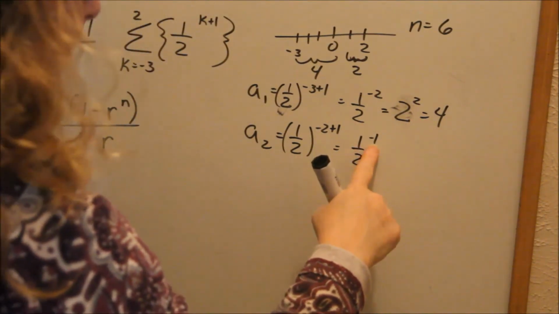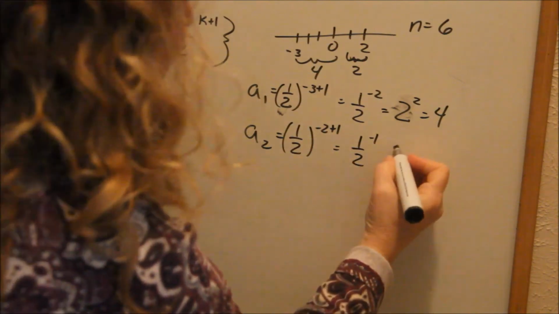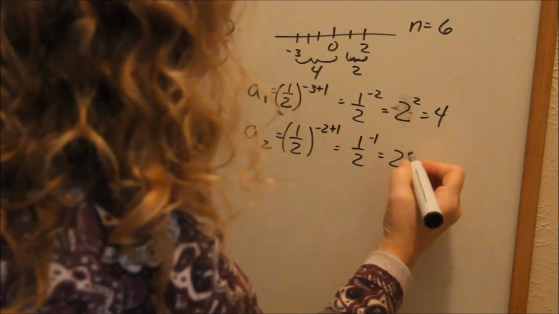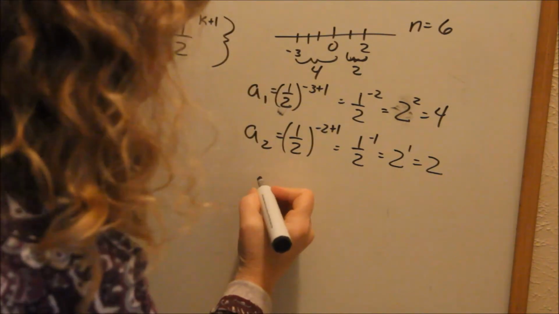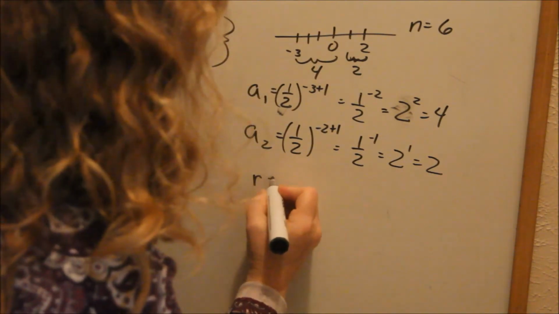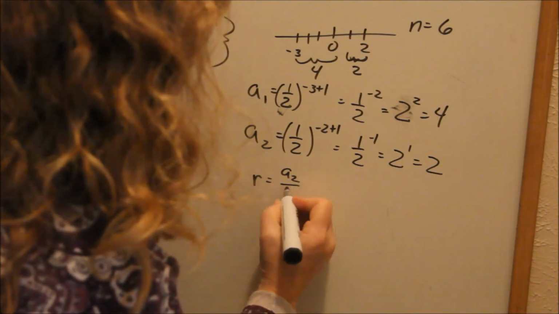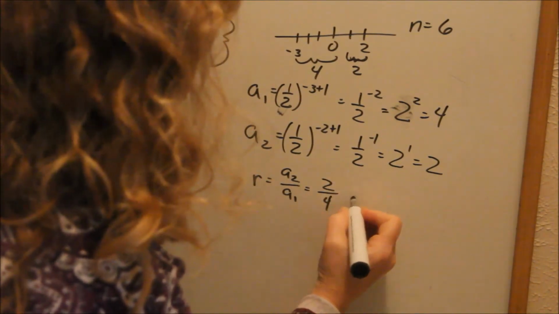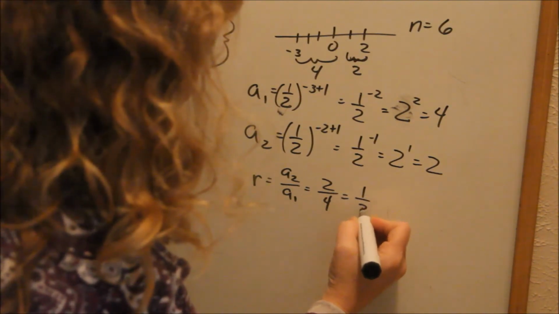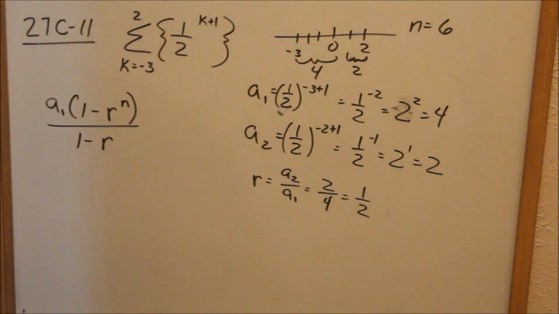Same thing, to make your exponent positive, change the places of both. That would become 2 to the 1, which is just 2. Now to find my common ratio. R is your second term divided by the first term. My second term was 2 divided by first term, 4, which reduces to 1/2.